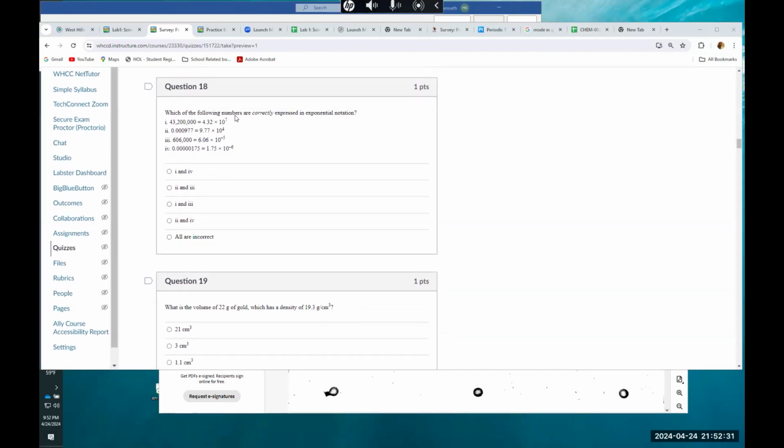So which of the following numbers are correctly expressed in exponential notation? Is the first one correct?